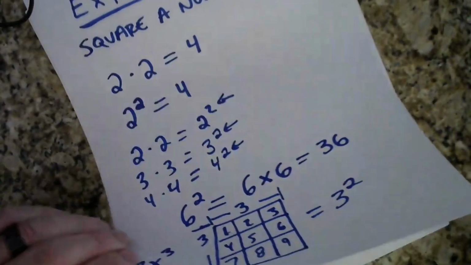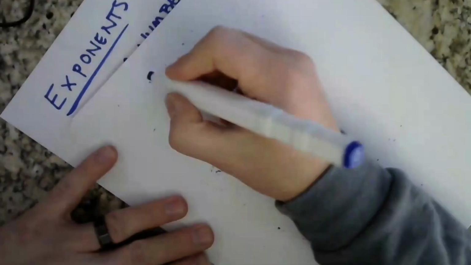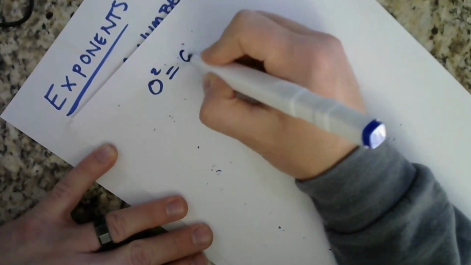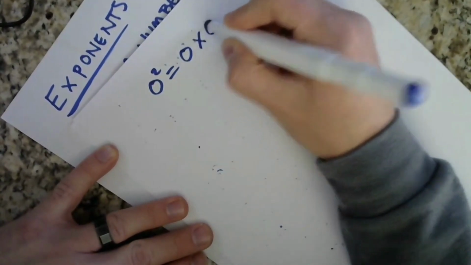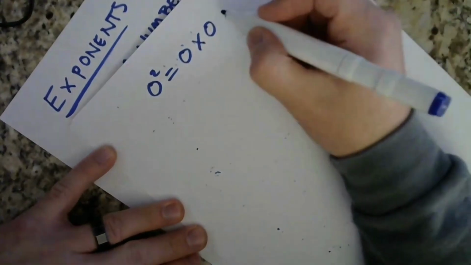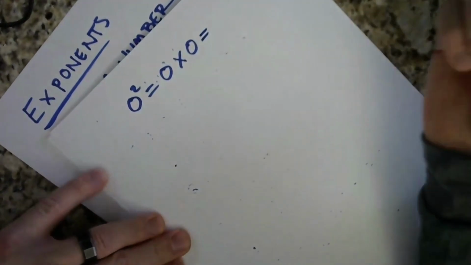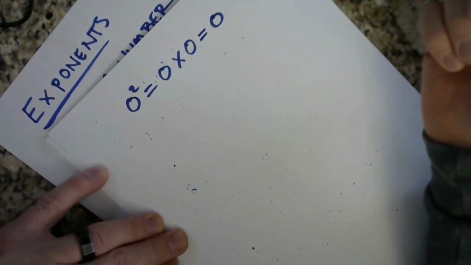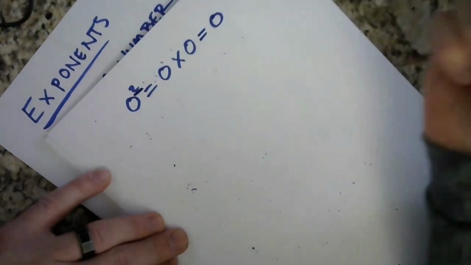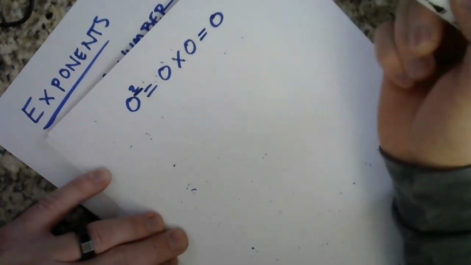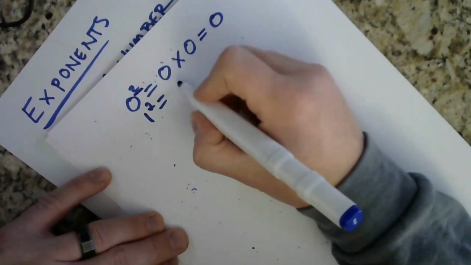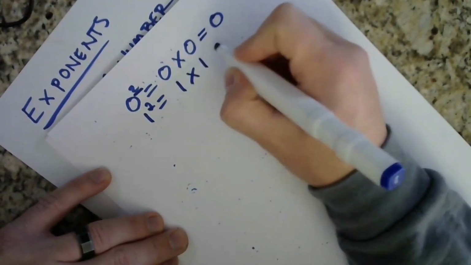So let's go through really quick, just another set of numbers. So 0 squared would be equal to 0 times 0. Now, 0 doesn't have any value, so it would just be 0. So 0 to any power, which this is called a power, would still equal 0. So now 1 squared is equal to 1 times 1.